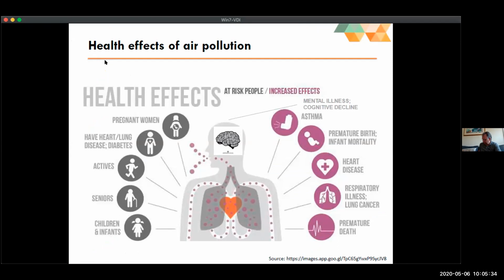And then the effects of long-term exposure to this pollution are also, some are well studied, like the impact on lung function, respiratory illness, impacts on premature birth, and heart disease. But there are also newer studies looking at the effects on mental illness and cognitive decline, and then of course more recently on a risk for COVID-19 and severe effects from infection. Next slide.